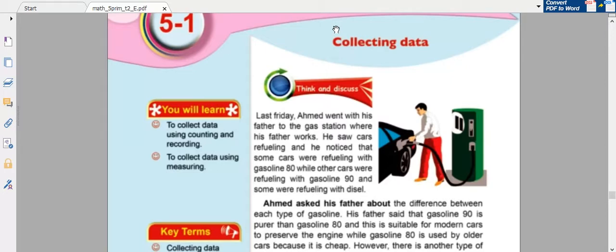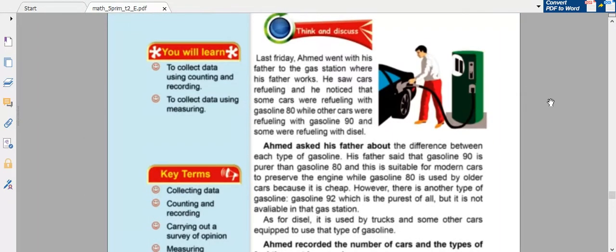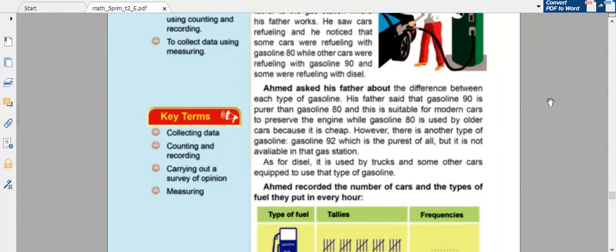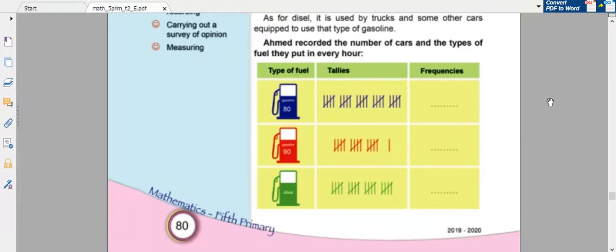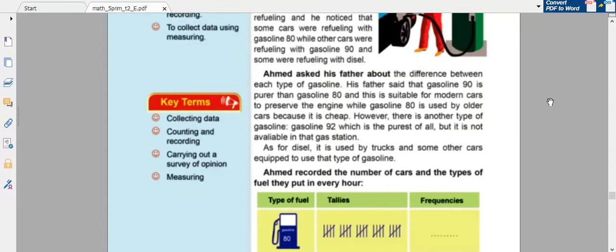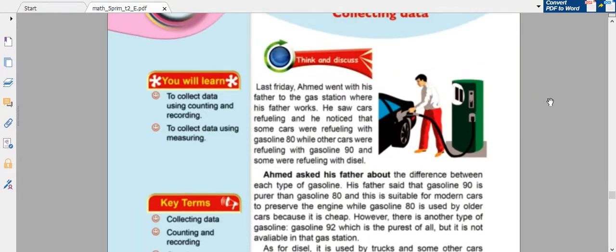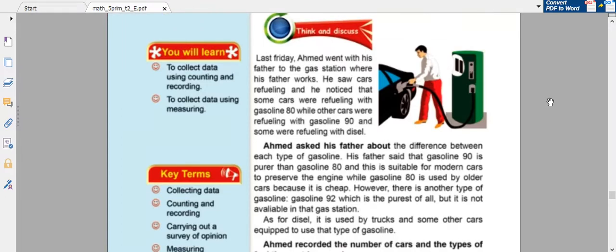Let's start with a story. In our book, page 80, open your book please, page 80, get your pencil and prepare yourself to hear a story. This story is in a gas station. Ahmed is the narrator of this story.